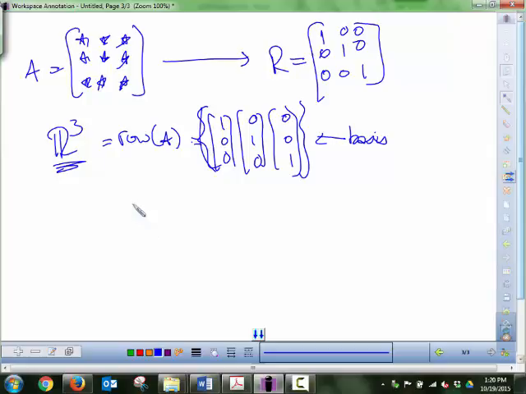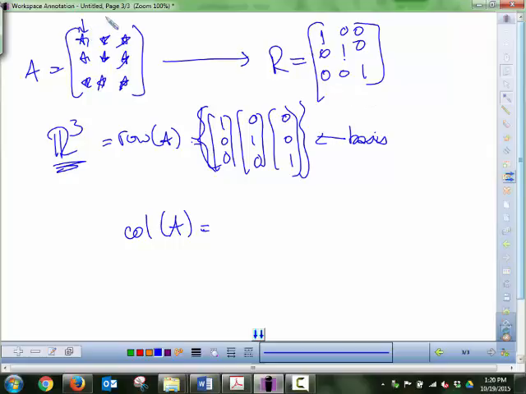What's a column space? Well, you have to look at which columns have the pivot column and which ones don't. All of them.